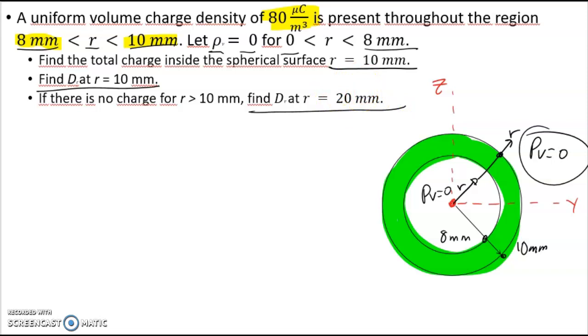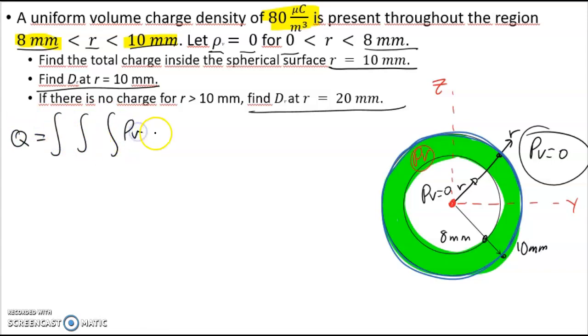We're talking about a sphere that has a surface of radius 10 millimeters. That means a sphere that covers the whole region where we have the 80 microcoulombs per cubic meter, all the region where we have rho v. So in order to get the total charge, we have to make a volumetric integration of rho v dv.